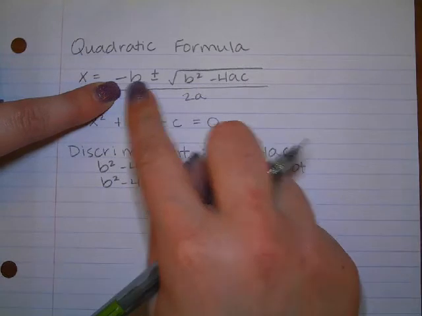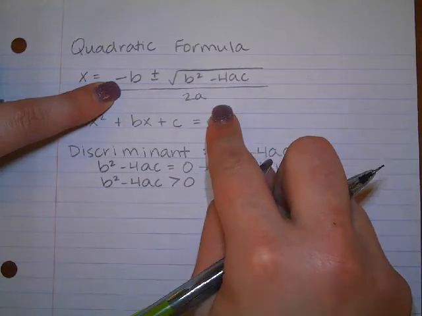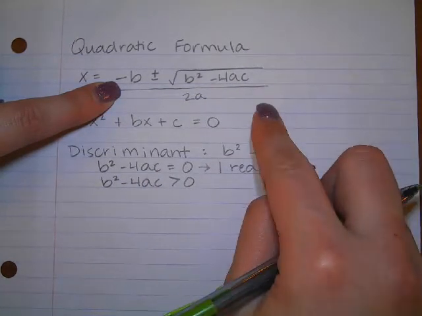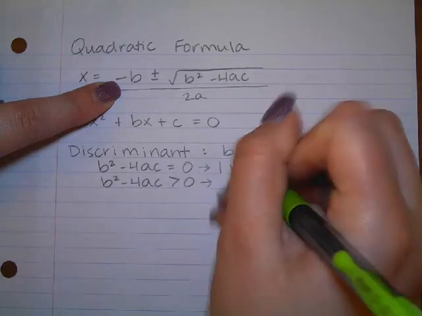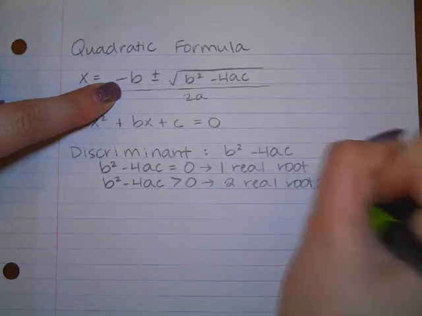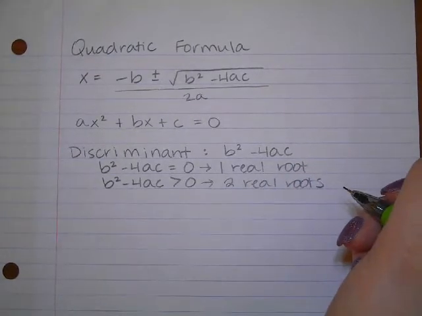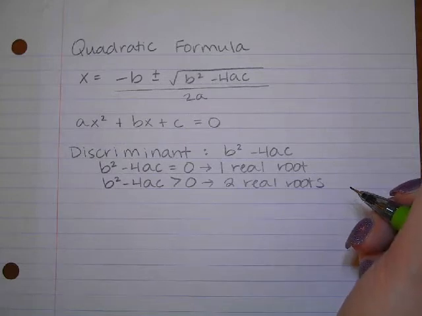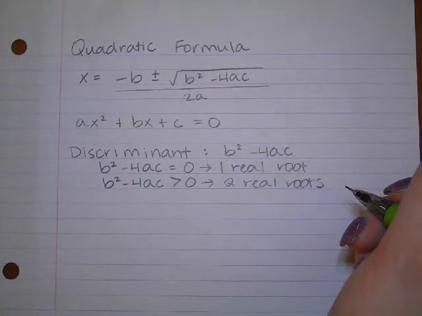And then negative b minus a legitimate number divided by 2 times another number is going to give you another answer. So this is going to result in 2 real roots. Two real roots.